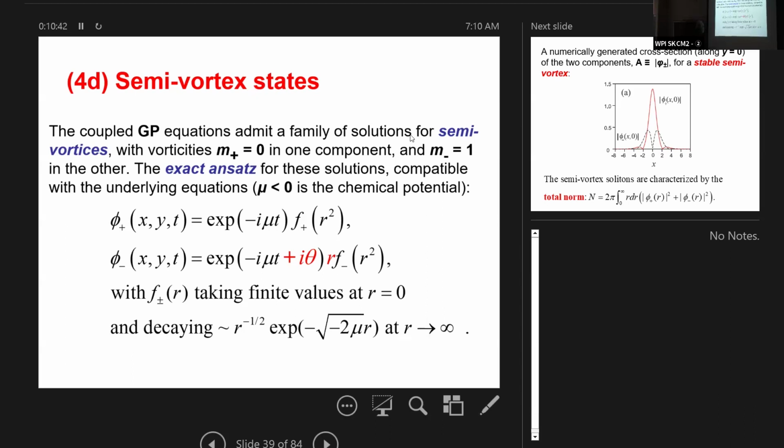Uniform, I mean, it's only a function of the radial coordinate. It's written in terms of the polar coordinates, radial and angular coordinates. So in one component, it's simply the radial wave function with zero vorticity, with no vorticity. In the second component, it must automatically have vorticity +1. Exactly these combinations of two vorticities, 0 and 1, is compatible with this structure.